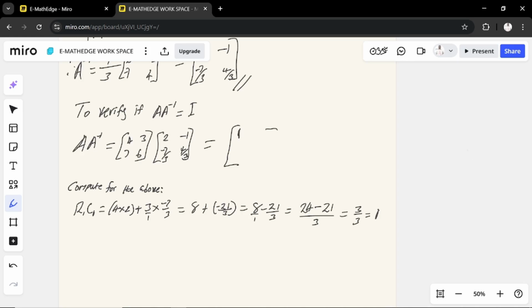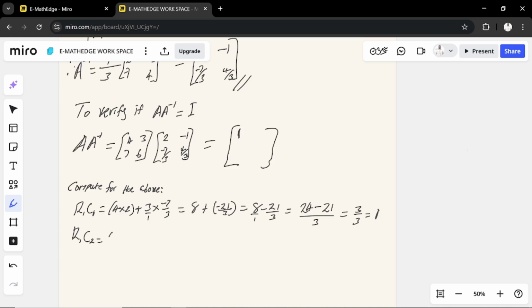So to further obtain the element in the first row, second column, which is at this point, we are going to multiply the first row by the second column of the next matrix. So let's go ahead and do that. That is R1 column 2, right?